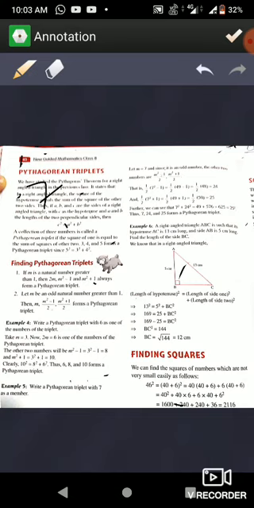So for an odd number, the formula is, I am going to say the formula first. For an odd number, the three Pythagorean triplets are m, m square minus 1 upon 2, and m square plus 1 upon 2.